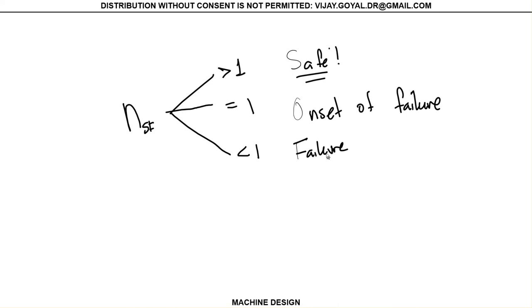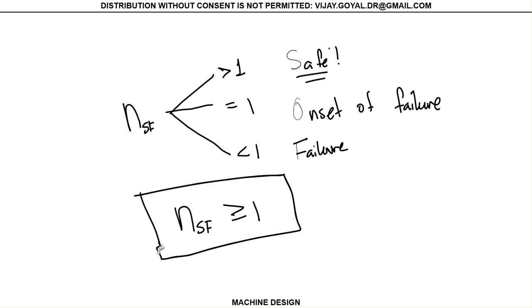So you always want to make sure that your factor of safety in the problem is bigger than or equal to 1. This is the design requirement in your problem.